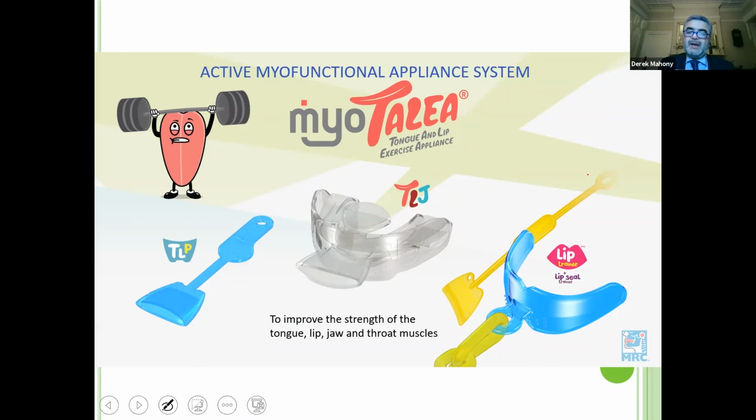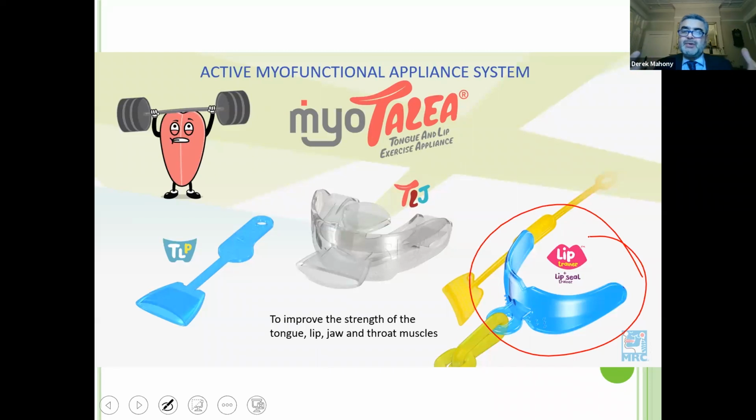And it has everything in one. It has a lip trainer, which you see here, to help strengthen it. It's the equivalent of putting a credit card between the lips and getting the kid to hold it in there, or in the old days, sewing a button on a string and the kid having to pull that button out of their mouth by the other kid using it.